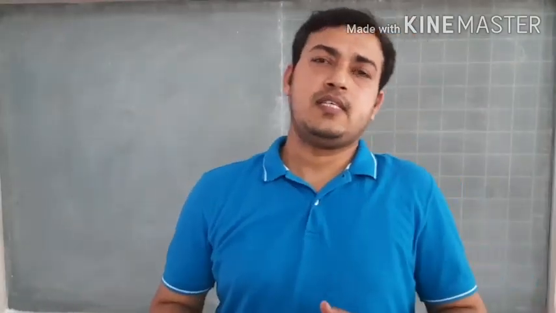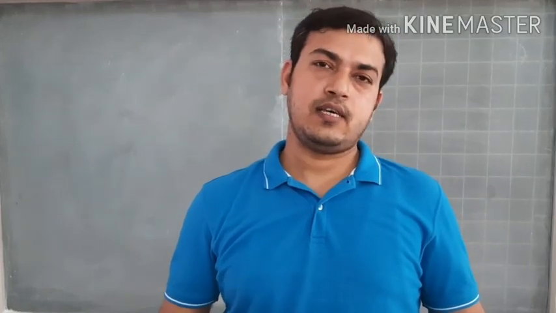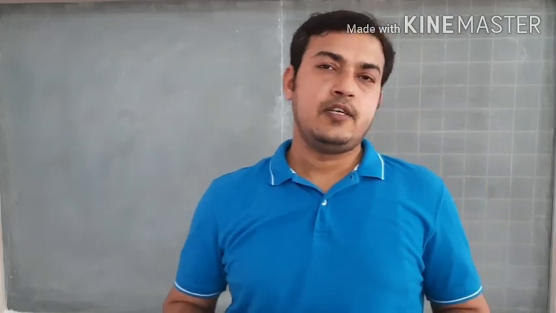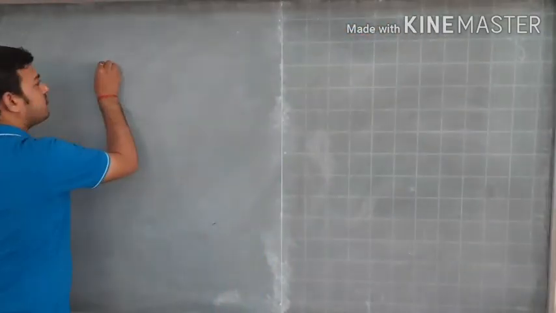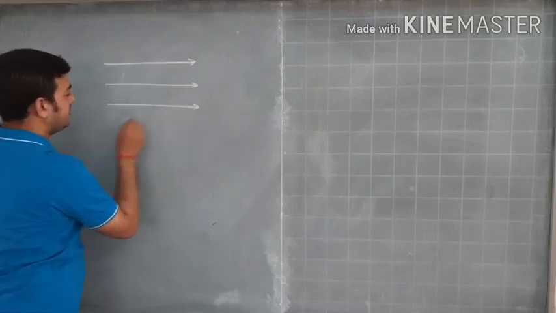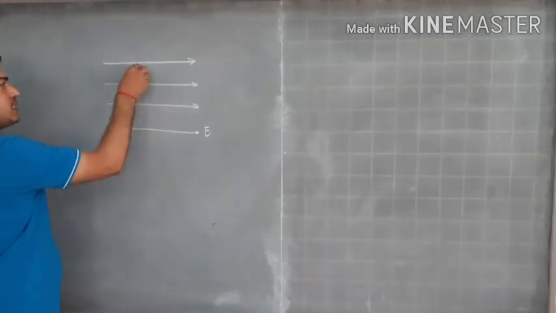Now we will study how to calculate the electric flux associated with a surface or a body. As I told you, electric flux is defined as the number of lines passing normally through a given surface. Let us consider a situation where there is a uniform electric field in a region and I have a surface.